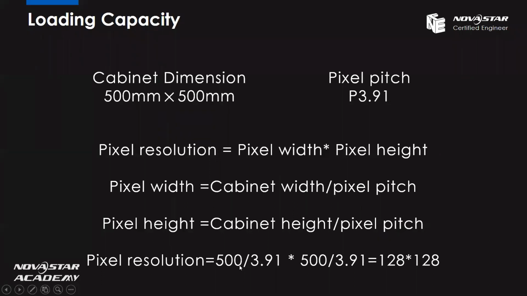So here we use 500 millimeters divided by 3.91, multiplied by 500 divided by 3.91. After calculation, we get the pixel resolution is 128 by 128.